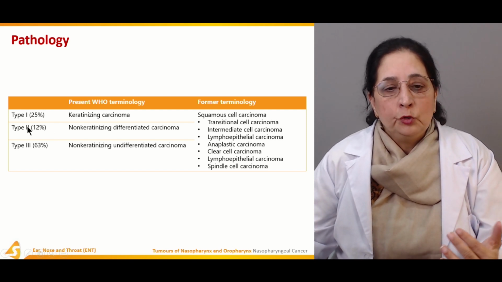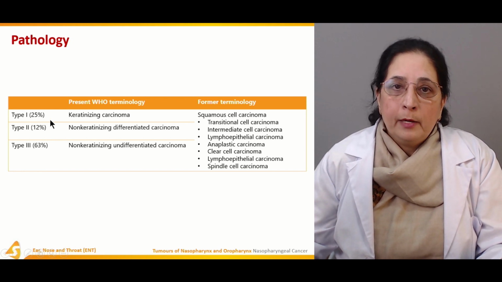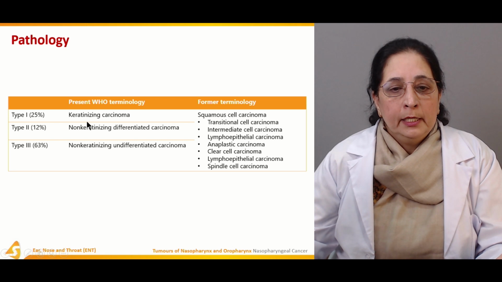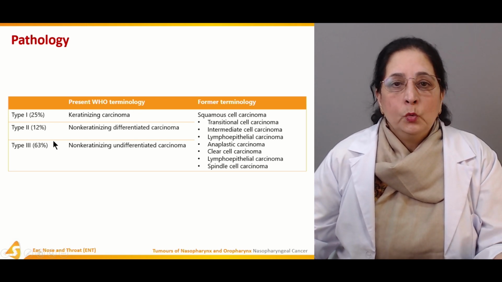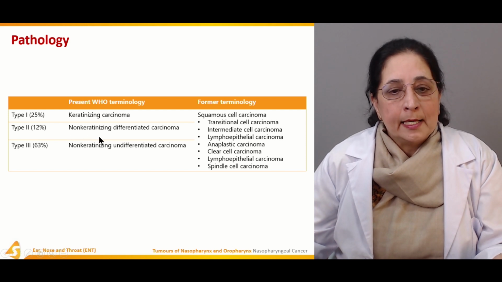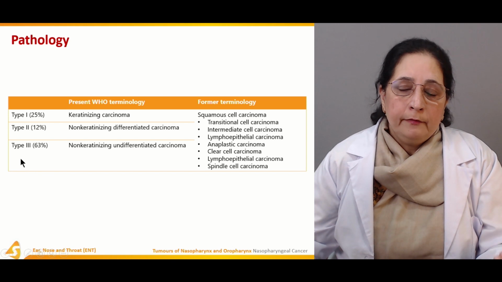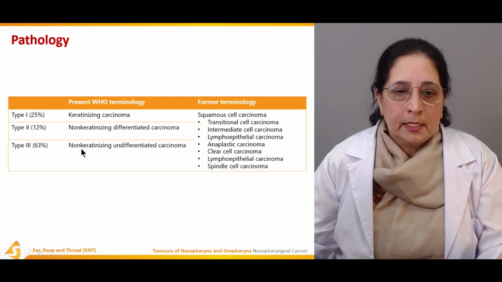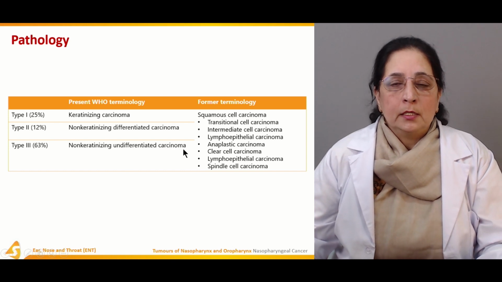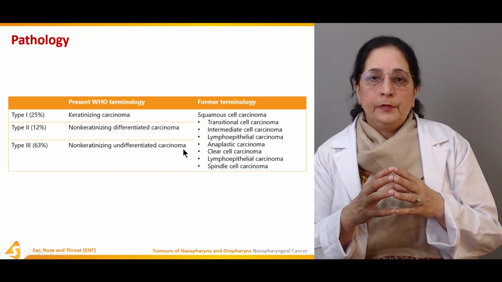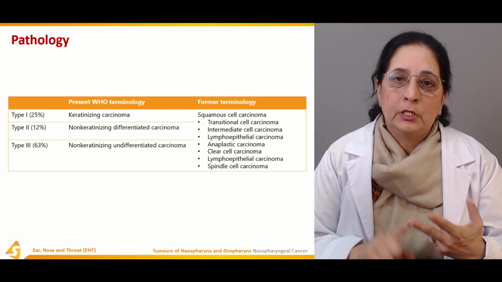It's divided into three types. Type 1, which is about 25%, is called keratinizing carcinoma. Type 2 is non-keratinizing differentiated carcinoma, and type 3, which is about 63%, is non-keratinizing undifferentiated carcinoma. So three types of nasopharyngeal cancer, type 1, type 2, type 3.